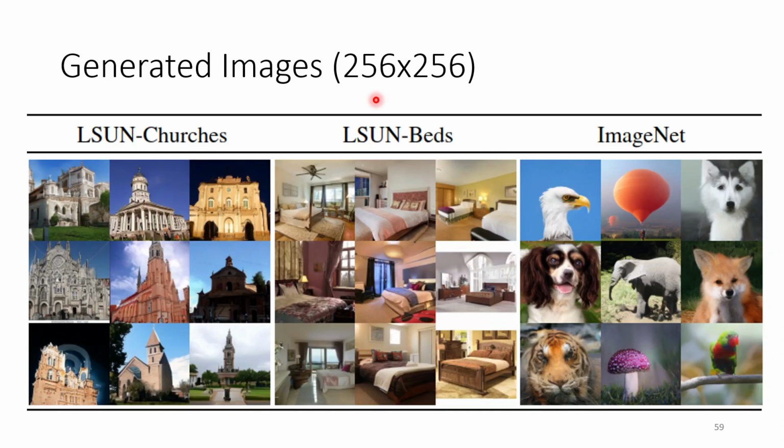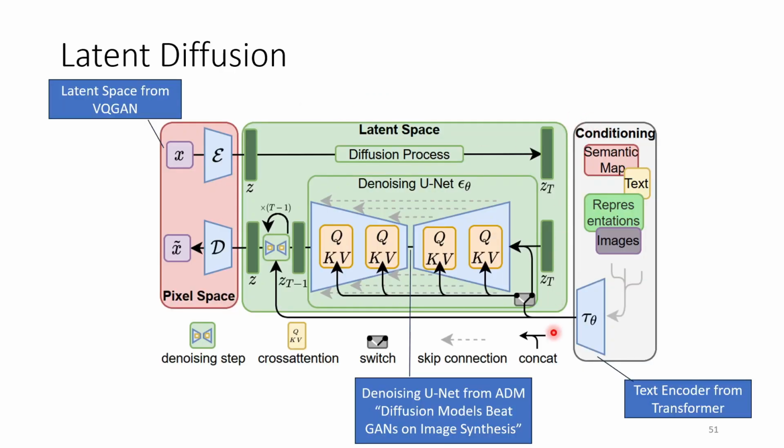All of them are unconditional, so it means that in the architecture they remove the conditional part. They just want to show that the latent diffusion model can generate very good results.